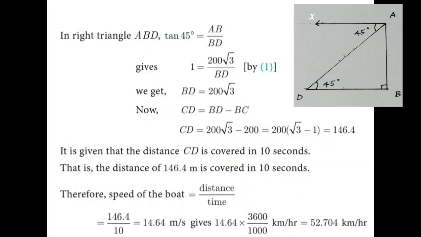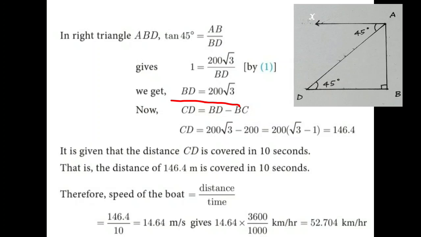Here we are taking right angled triangle ABD. Then tan 45 degree is equal to AB divided by BD. Gives 1 is equal to 200 root 3 divided by BD. From 1, since AB is equal to 200 root 3, then BD shift to left hand side, then 1 into BD is equal to 200 root 3.